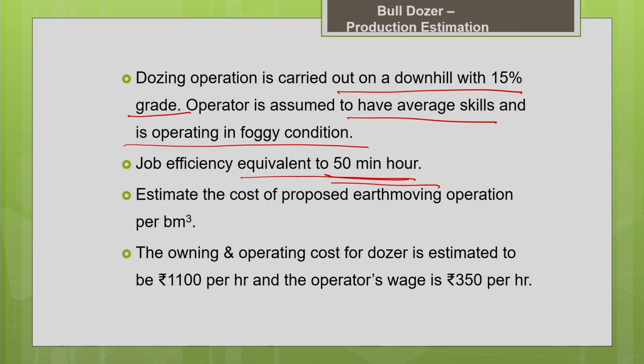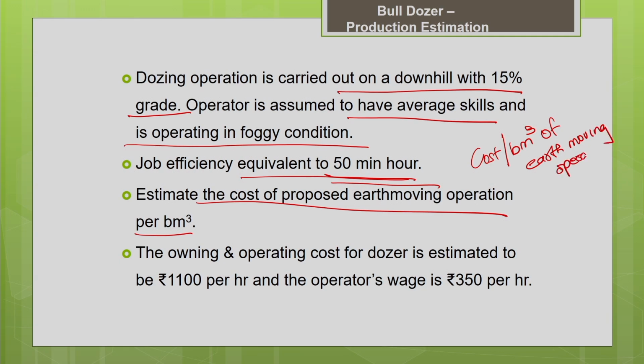After you estimate the productivity, you are asked to estimate the unit cost of the proposed earth moving operation per bank meter cube. That means cost per bank meter cube of earth moving operation.